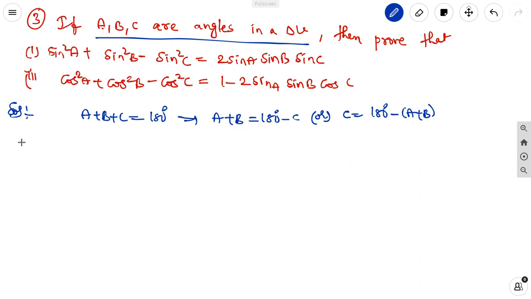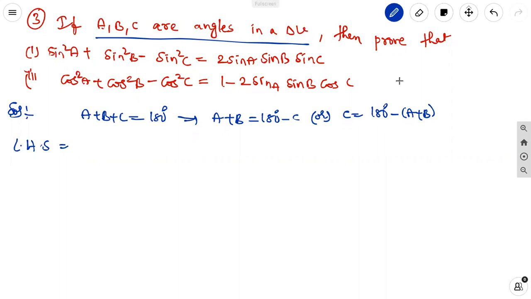Taking the first one, LHS, that is sine square A plus sine square B minus sine square C, equal to 2 sine A sine B sine C. Cos square A plus cos square B minus cos square C equals 1 minus 2 sine A sine B cos C. First, we can remember the formulas.